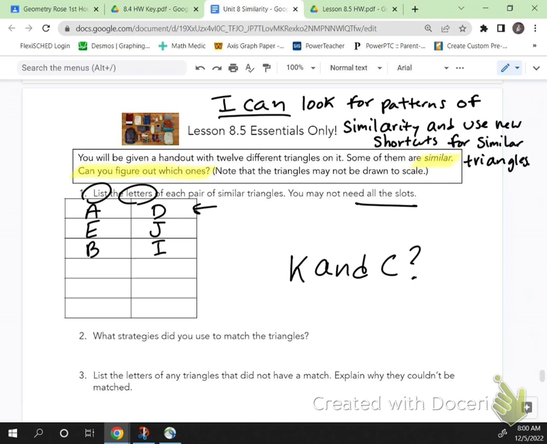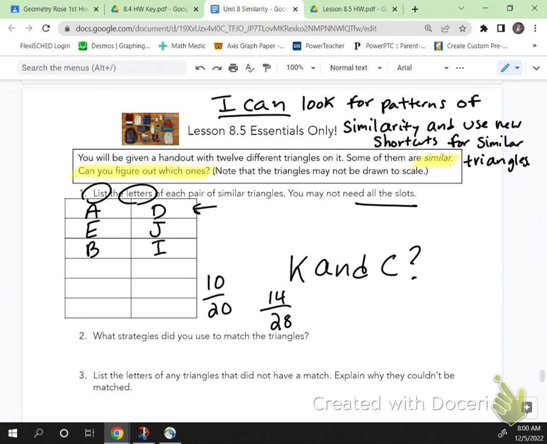What's another pair of similar figures or similar triangles? Another pair. What do you got, Kaden? H and L. Let's look at it. You know, they look proportional, right? 10 over 20 is 1/2. 14 over 28.